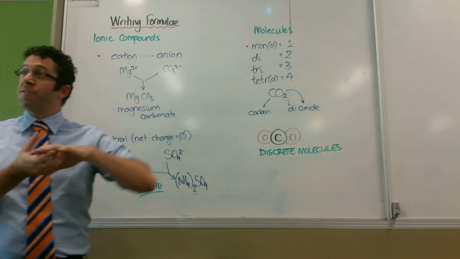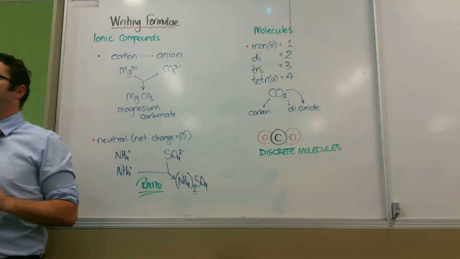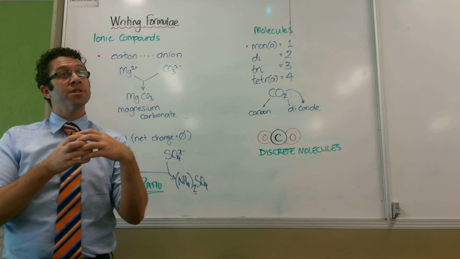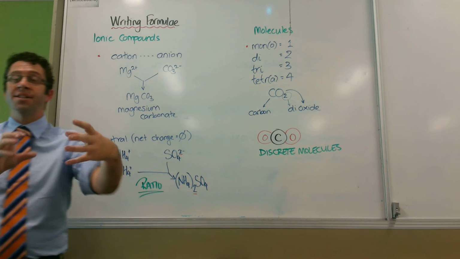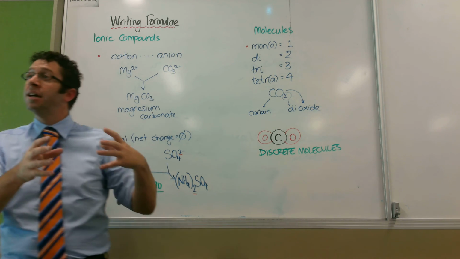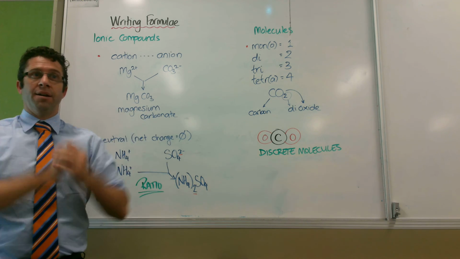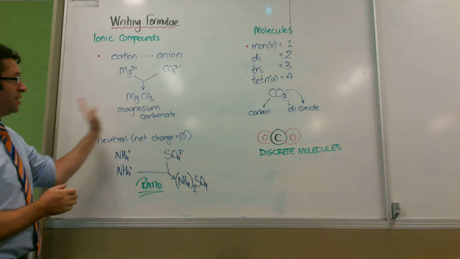When they react, they give off CO2, which is definitely a molecule. But they also make an ionic salt, so an ionic solution to go with it. So you need to be able to work with ionic and molecular formulae in the same equation.